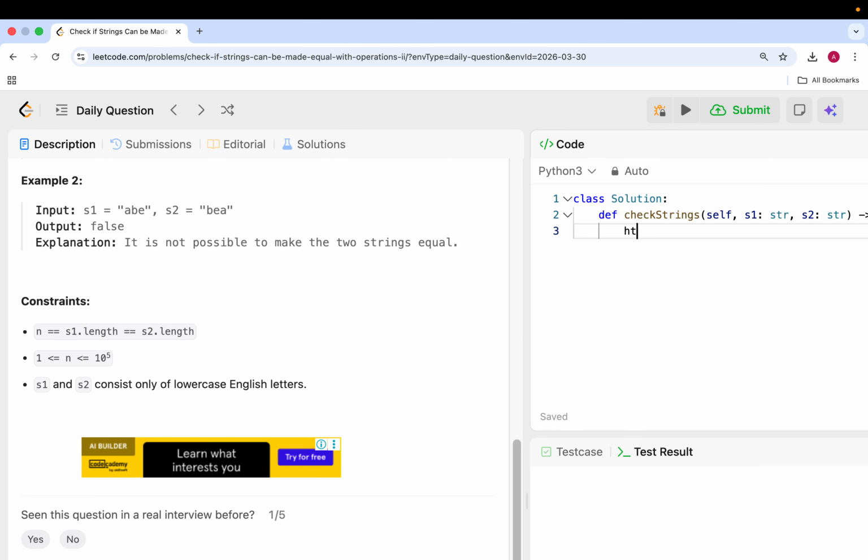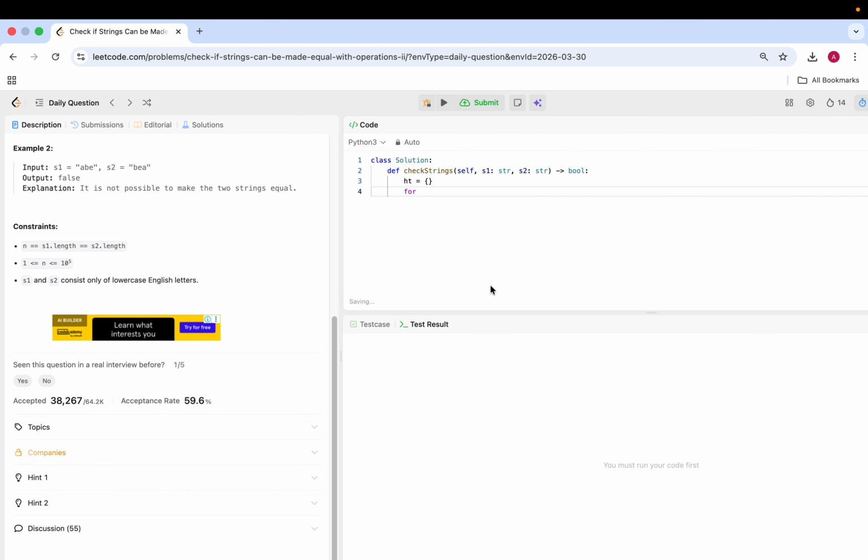So hash table is equal to this. For, I need to learn how to use the default dict stuff and all that, but whatever. For C in S2, I should enumerate as well.